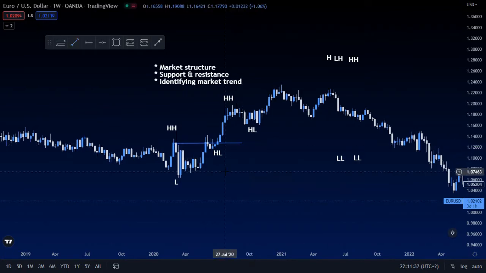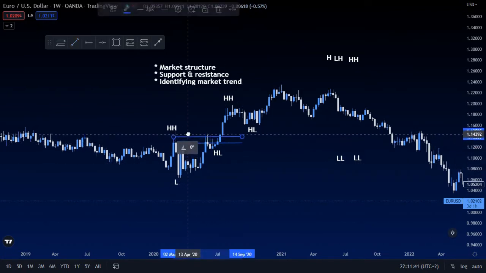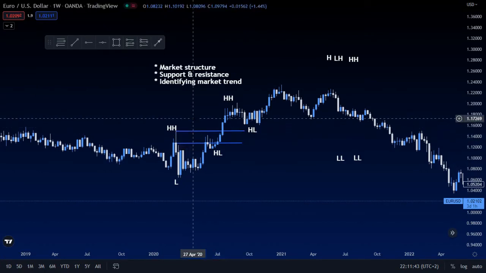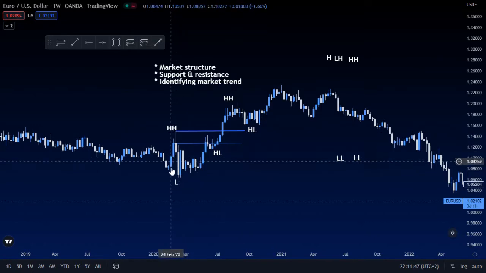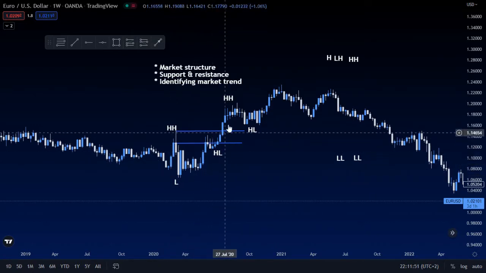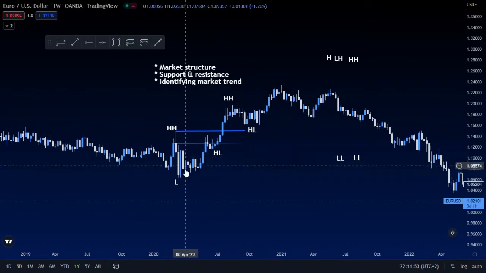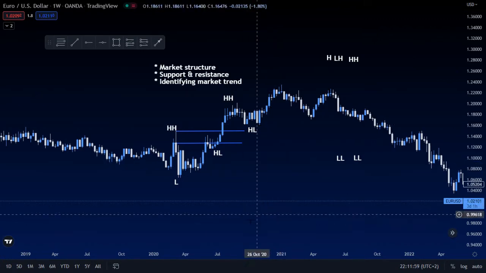Some people like to identify from the close basis on the candlesticks, and others like to identify from the highs at the wick. But either way, we can both agree and understand that the market is in a rising market structure. And what we would be looking to do is to take buys in such a position.